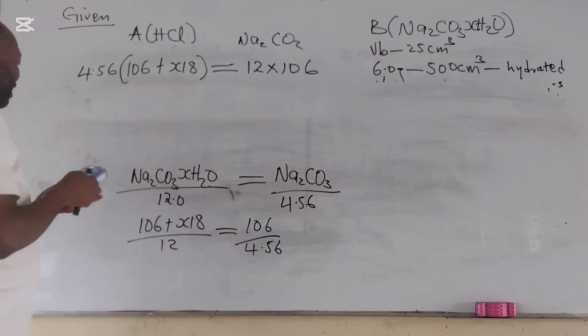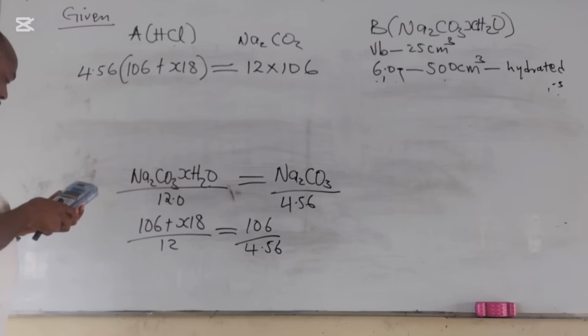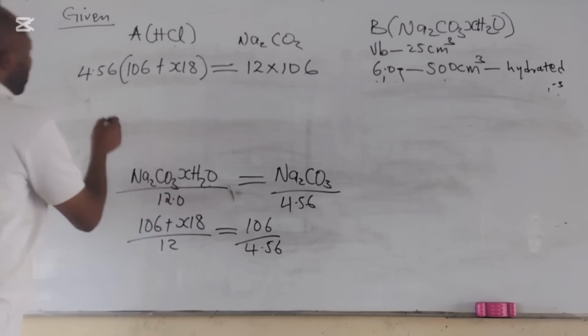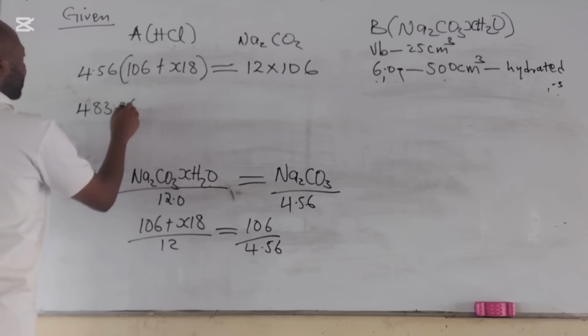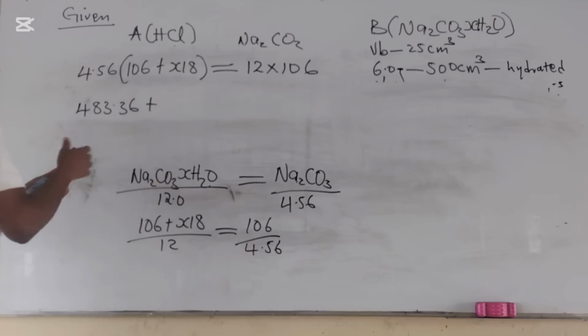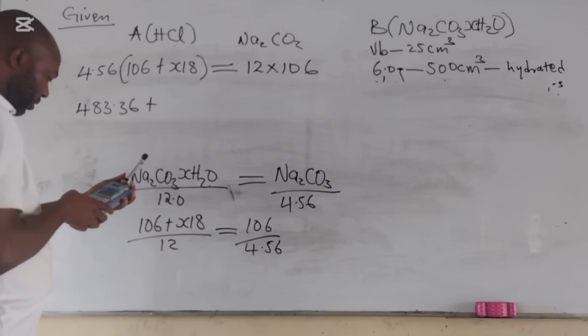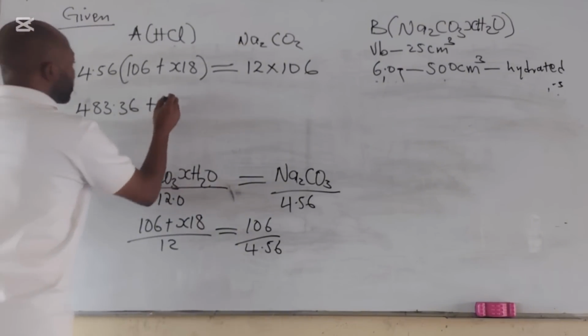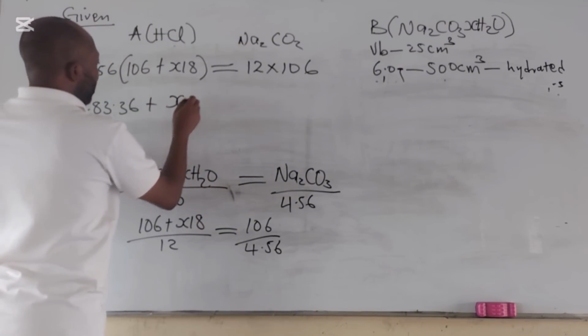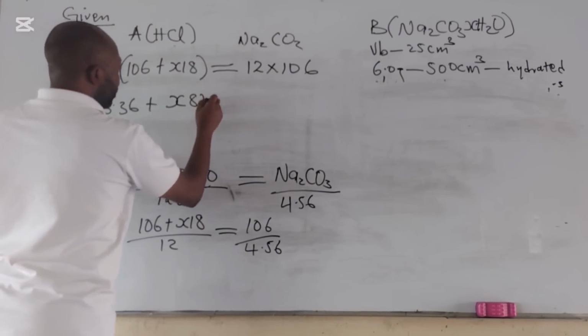So 4.56 times 106 first. 4.56 times 106 is equal to 483.36, plus 4.56 times 18. 4.56 times 18 is equal to 82.08, so we have x 82.08.